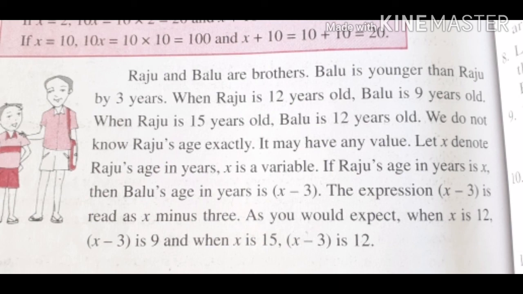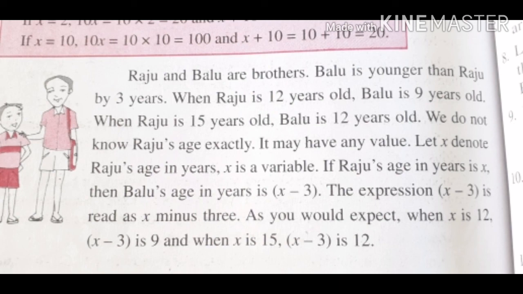So this can be expressed by using a variable. Let x denote Raju's age in years. x is a variable. x can change. If Raju's age in years is x, then Balu's age in years is x minus 3, because Balu is younger than Raju.